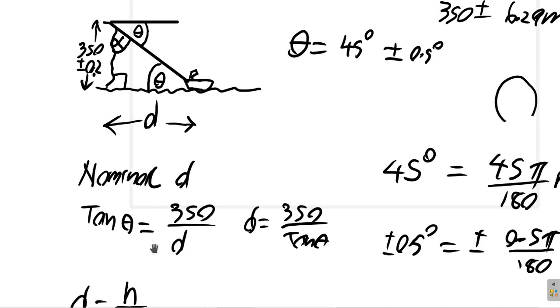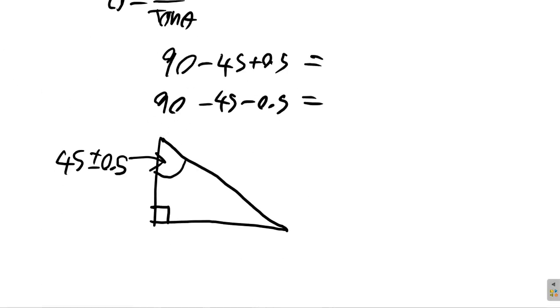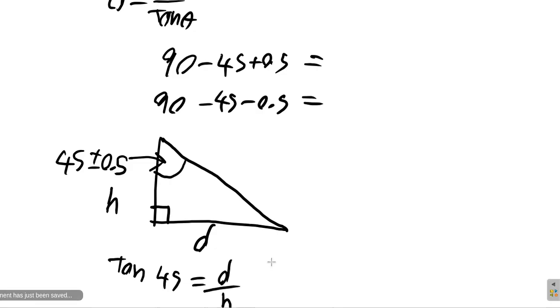We have height and we have D. Let's use lowercase h and D. Now, D is what we want. Now, tan 45 equals opposite, which would be D, over adjacent, h. So D would be h tan 45, which is theta.